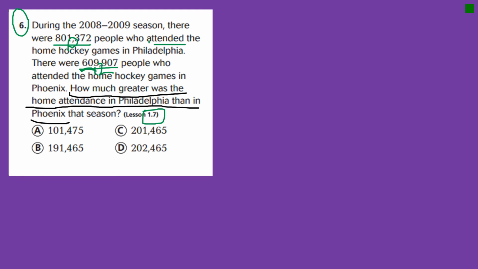They're asking how those numbers are different. What's the difference between those two numbers, right? When they say how much greater, how many more. So what do we do to find difference? We subtract, right? Because the answer to subtraction is a difference.